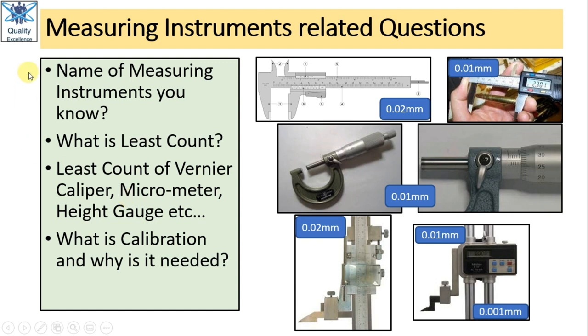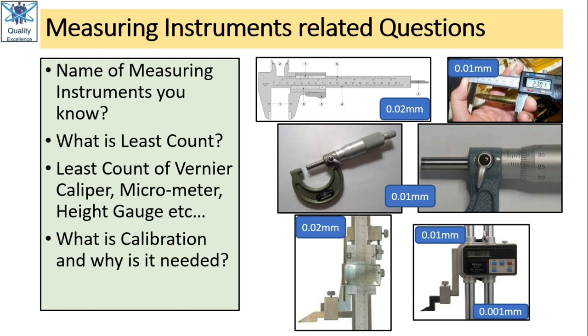Now they can ask you questions related to measuring instruments. They may ask you to name some of the measuring instruments you have come across, or give some names of measuring instruments you are aware of. In your syllabus, or during your workshop, or internship, or industrial visit, you might have come across some of the measuring instruments. I have mentioned here some of the basic instruments.